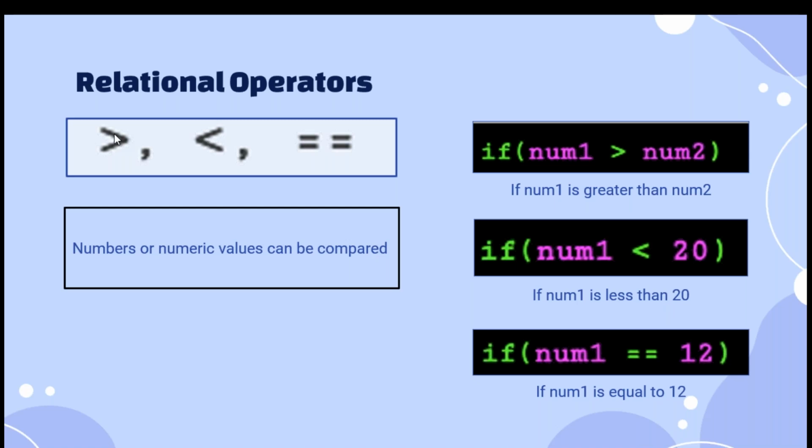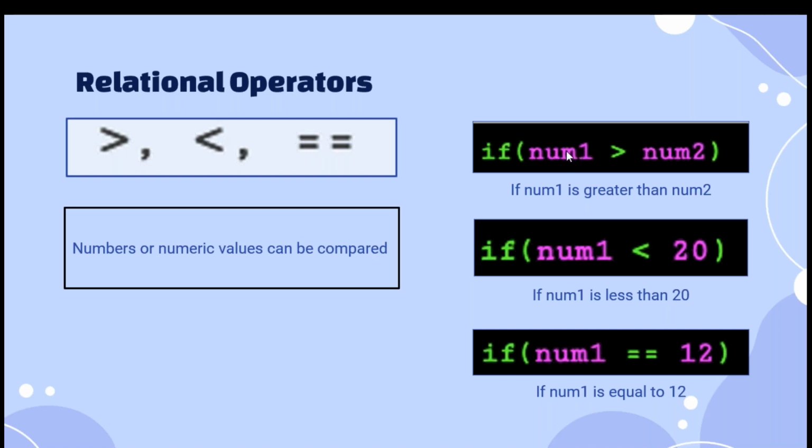We can use numbers or numeric values with these operators inside an if statement. As you can see on the right over here, it says if num1 is greater than num2.